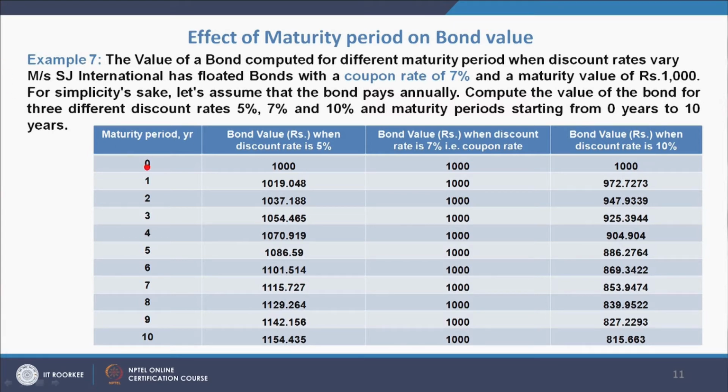Now, if the maturity period is 0, then the bond value is 1000 for 5% discount rate, 1000 for 7% discount rate and 1000 for 10% discount rate. That means that irrespective of the discount rate, if the maturity period is 0, the bond value remains 1000.